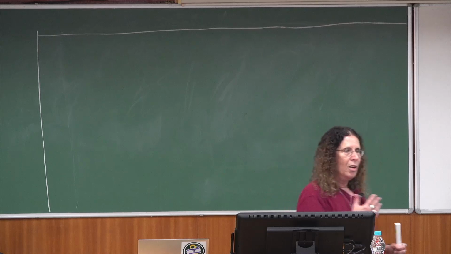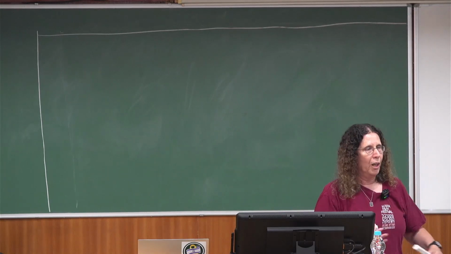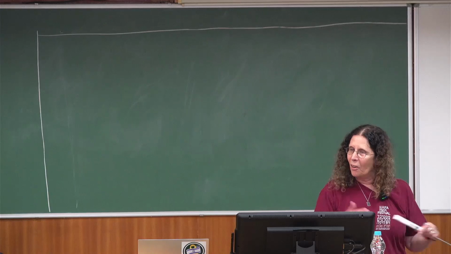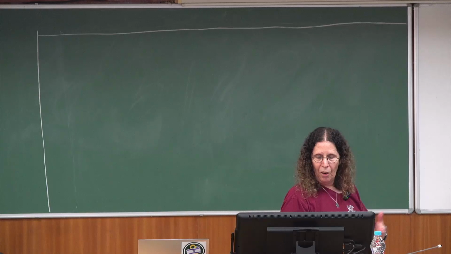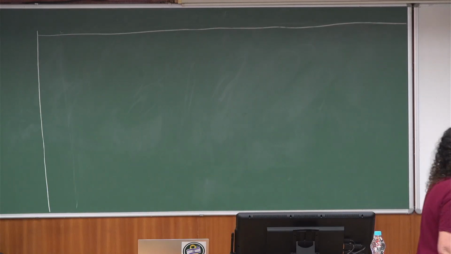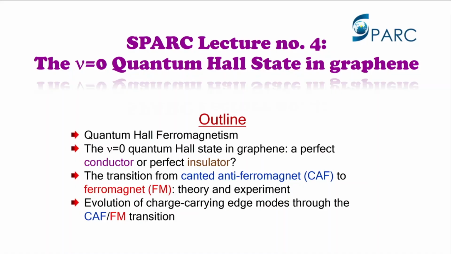It depends on the external conditions, and you can tune it to be one thing or the other. There is both theory and experimental evidence for at least one type of phase transition, a transition from a phase called a canted antiferromagnet to a ferromagnet. I'm going to explain all of this and what it means. Maybe now it's a bit obscure.